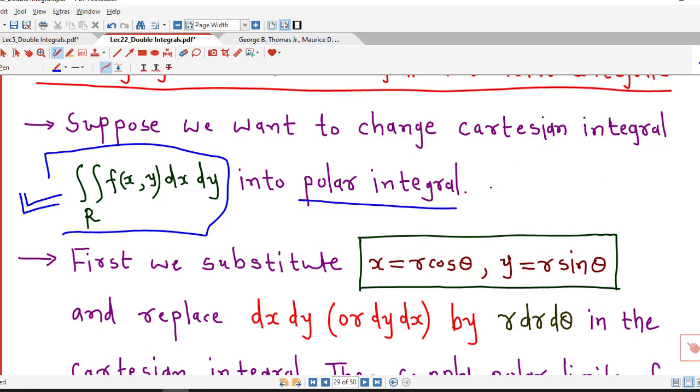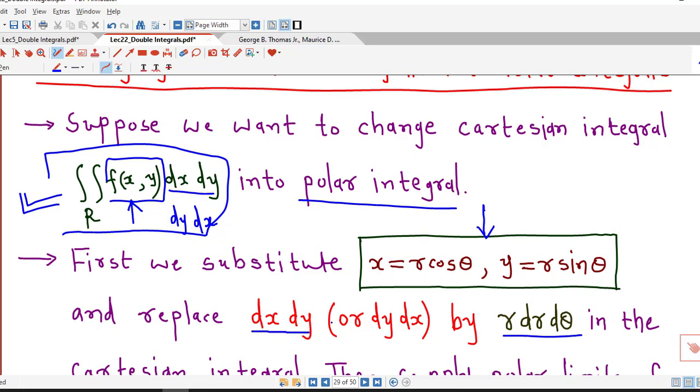As we know, the relationship between Cartesian and polar coordinates is x equal to r cos theta, y equal to r sin theta. So we will replace x by r cos theta and y by r sin theta in the given function, and dx dy, or dy dx, will be replaced by r times dr d theta.